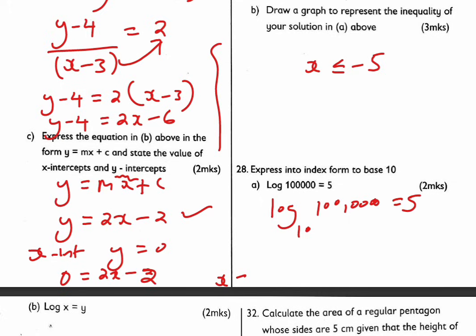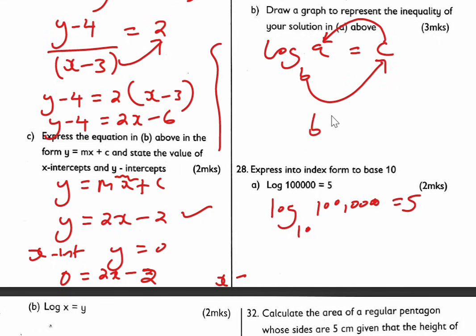I'm going to teach you how to change logarithms into index notation. It is very easy. If you have log of A to base B is equal to a constant C, then you pick the base raised to the constant is equal to whatever we have on the left. So it is B raised to C is equal to A. I'm going to do the same here.